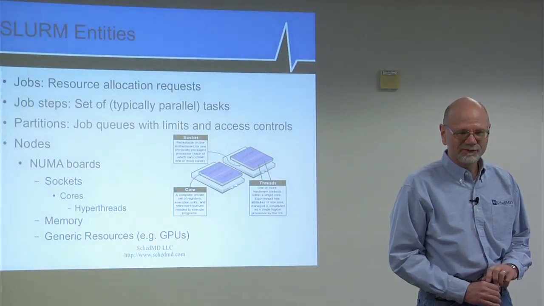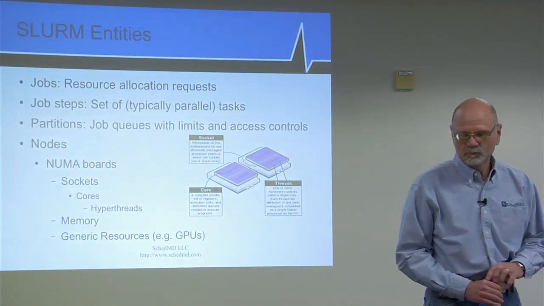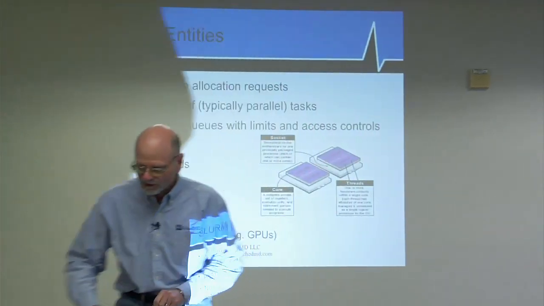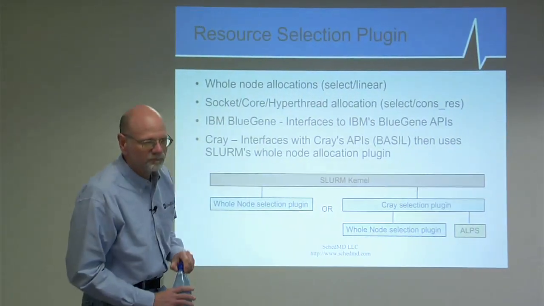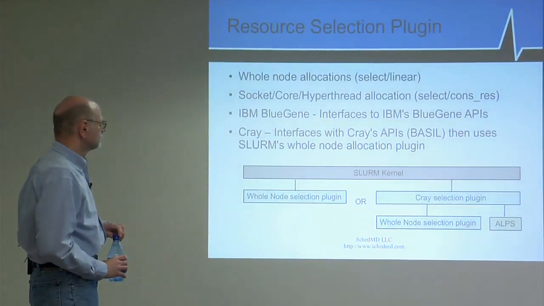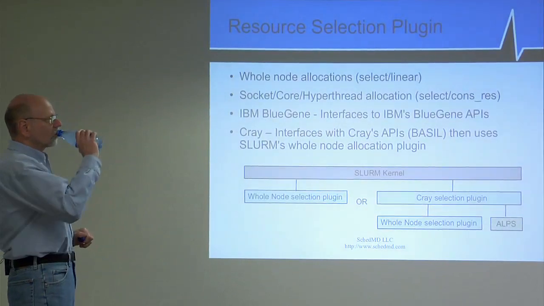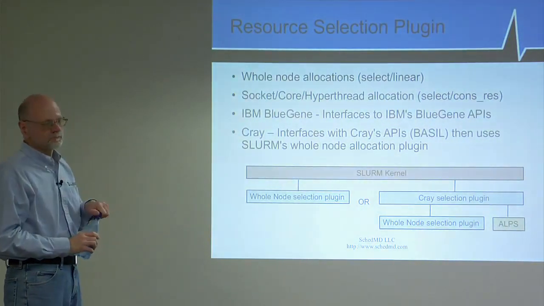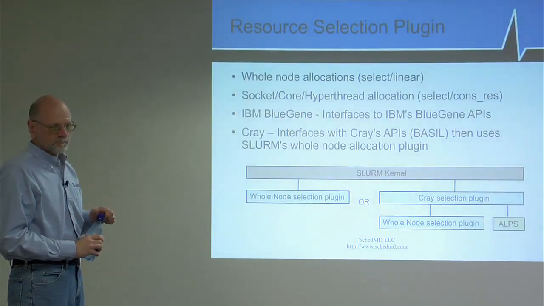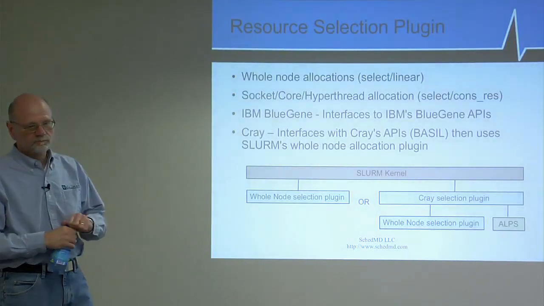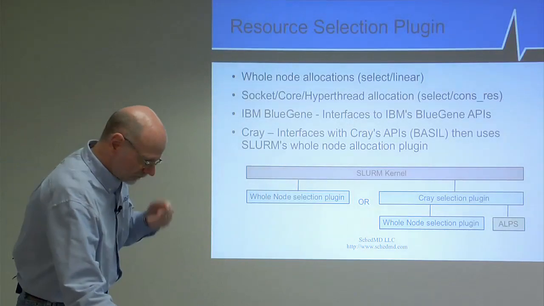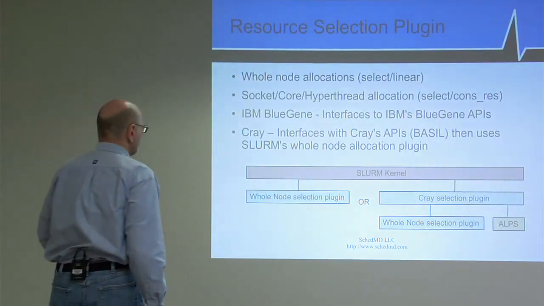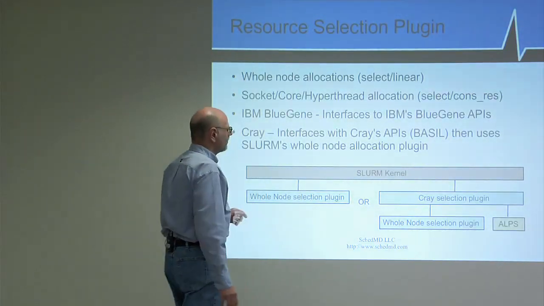I think the question is, if you go back to your other slide. Sure. When I'm calling a function out of the Slurm kernel, obviously there has to be a selection mechanism that says, well, we're using the Cray select plugin, so call that one. But how does a function in there call the whole node selection plugin?